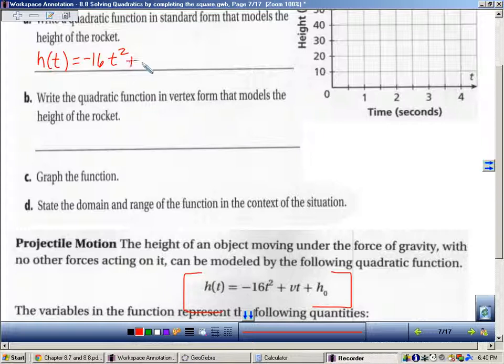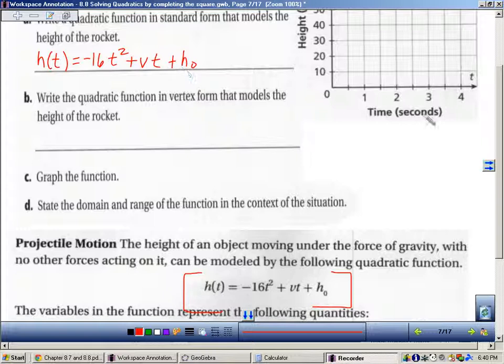Plus the velocity of the rocket, and it's an initial velocity. It's given that velocity, and then it no longer has that velocity. It stops. It's just one quick blast. So that's the initial velocity of the rocket moving upward. That's the second term. Plus the starting height of the rocket, which is h sub 0.